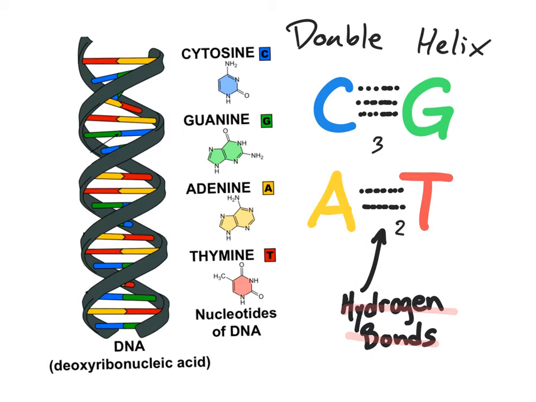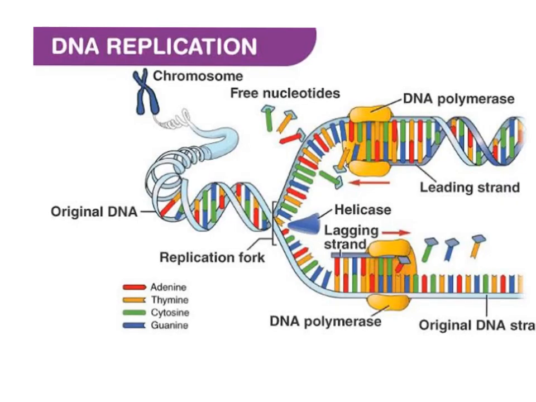In the process of a cell dividing, DNA has to be replicated or copied. The process of DNA replication is pretty straightforward, where DNA is unwound or unzipped right here by an enzyme called helicase.